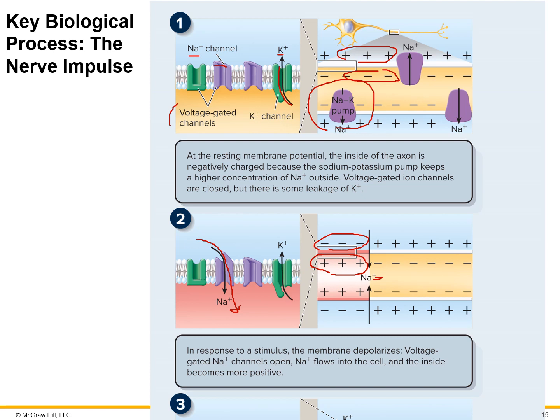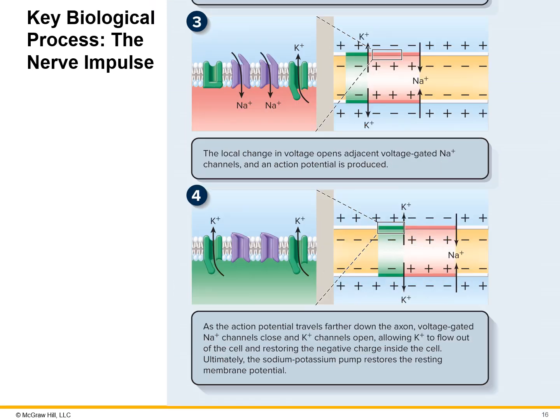So as it rushes in, the inside of that cell becomes more positive, the outside becomes negative, and so this is that depolarization. It's opposite to what it is at rest. Okay, so that's a depolarization. As sodium comes in, it changes or flip-flops. Now the inside is positive, the outside is negative.